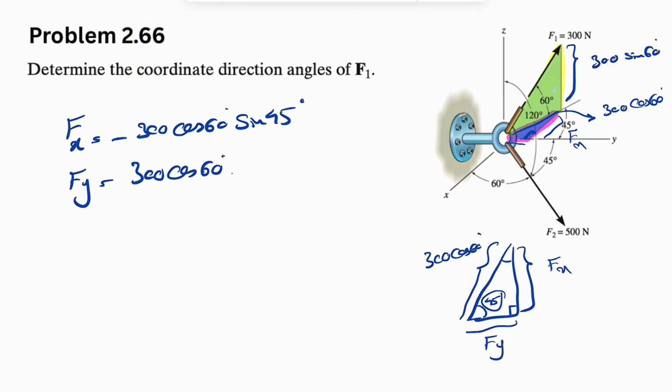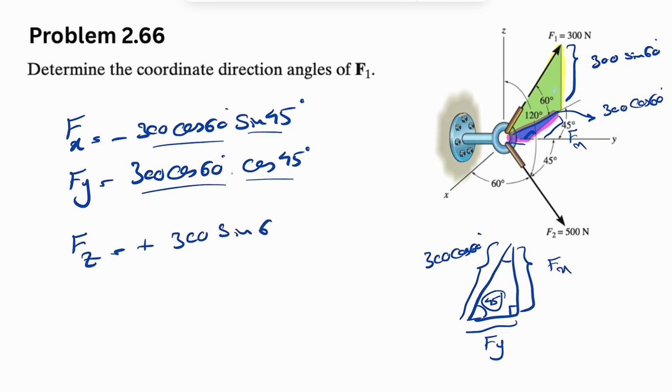This time we have cosine of 45 degrees, so same hypotenuse, it's just the direction is different. We have sine for x, cosine for the y component. And the Fz, which is what we figured out at the beginning, we can see we are above the xy plane, so it is positive, and it's going to be 300 sine of 60 degrees.